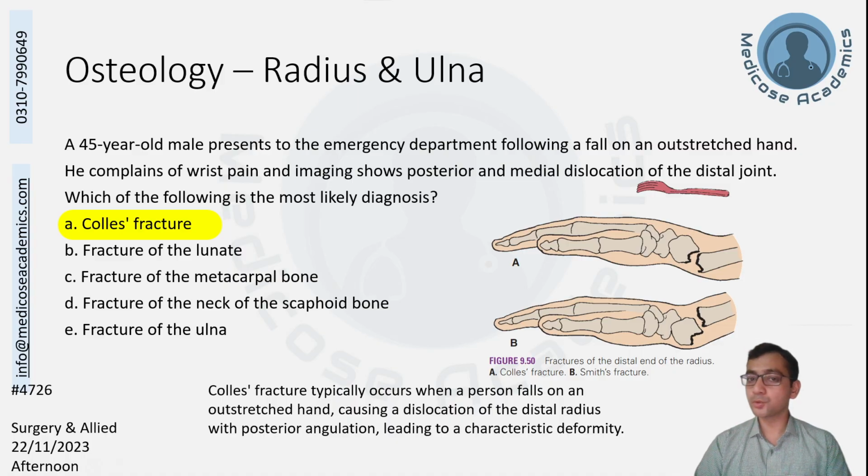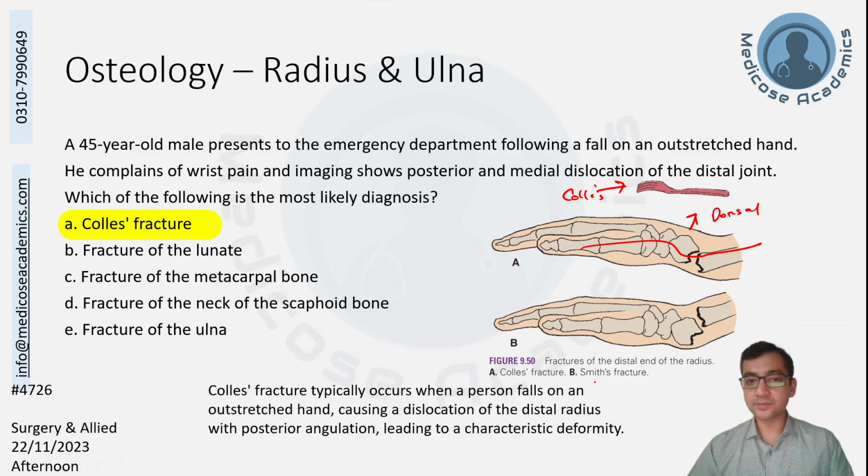Here again you have to go through the two fractures. There is a Colles' fracture and there is a Smith's fracture. Try to remember Colles' fracture with dinner fork. It's also called a dinner fork deformity, where the broken segment moves dorsally, backwards, and gets an appearance like a dinner fork.